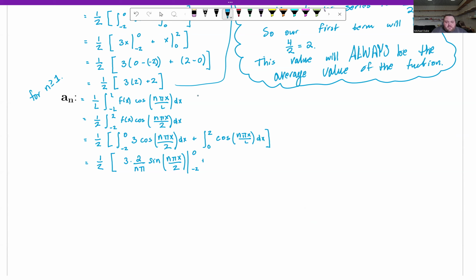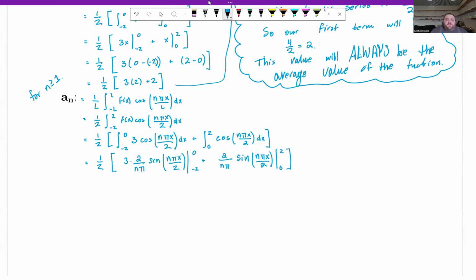Okay, plus, we'll do the same thing here, n pi over, I meant to have a 2 here. So it'll be 2 over n pi sine of n pi x over 2, evaluated from 0 to 2, square bracket here.